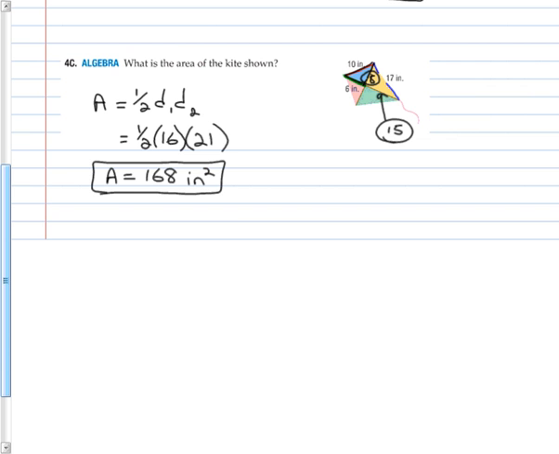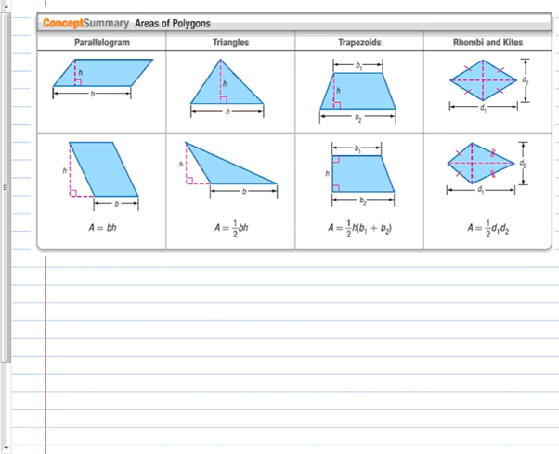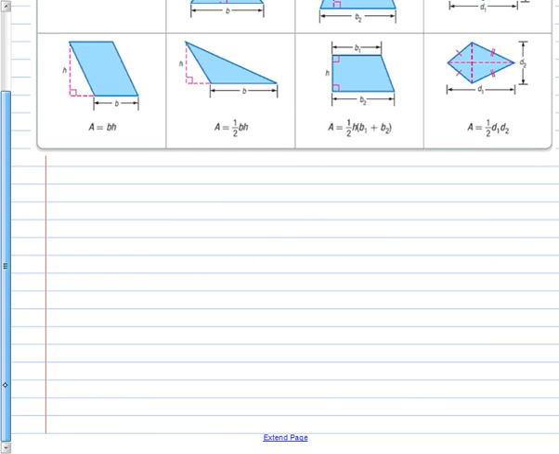Is that right? Okay. Little summary. You see the page in your book? You might flip to page, what page are you on? 792. That is a very convenient summary of all the formulas you should have memorized at this point. So let's do some of these problems. Page 793.